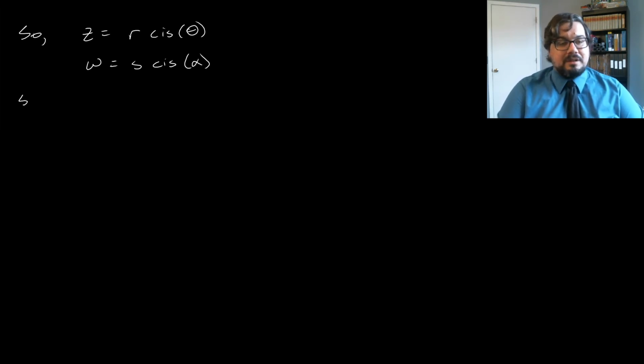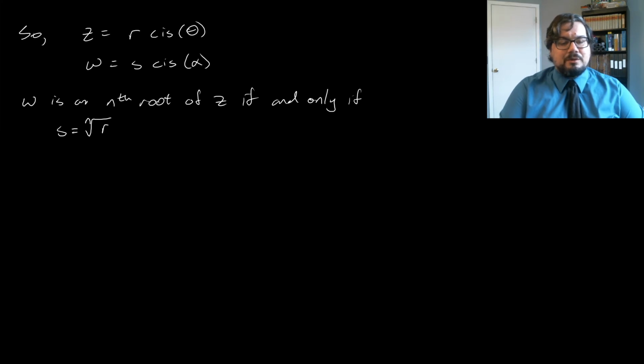Given that z is r cis theta, and w is s cis alpha, what we have just computed is that w is an nth root of z if and only if s is equal to the nth root of r and alpha is equal to theta over n plus 2 pi over n times k, for some integer k.